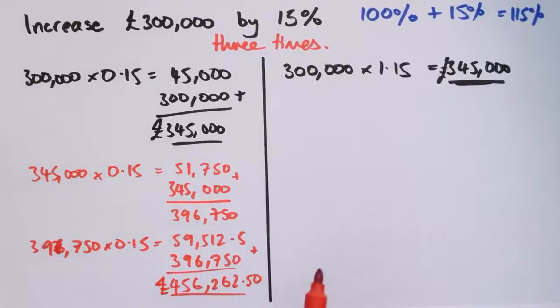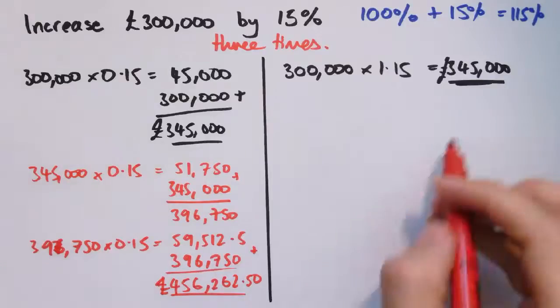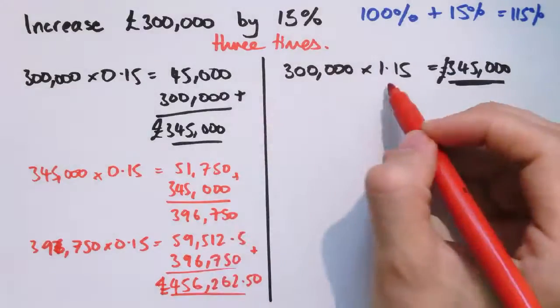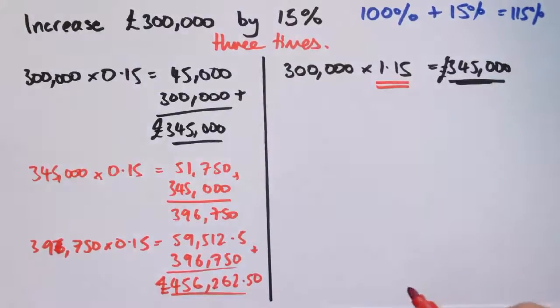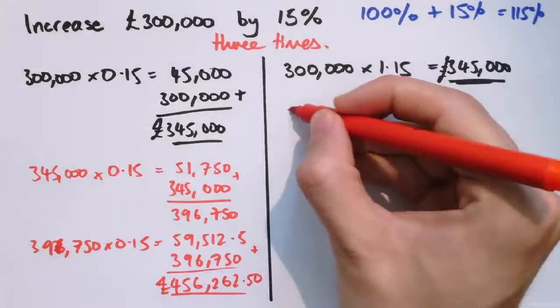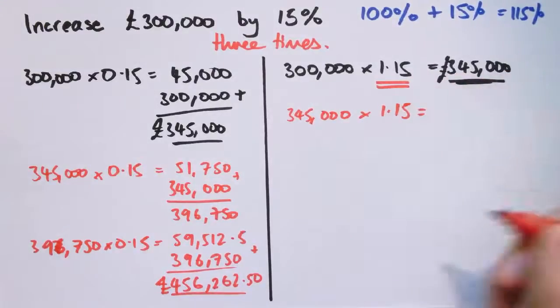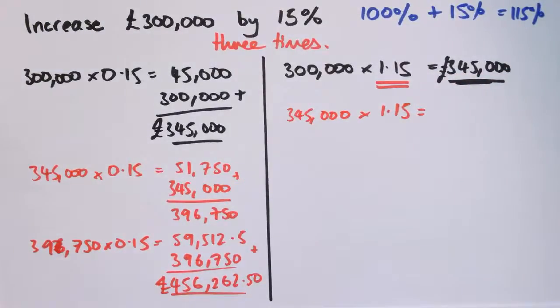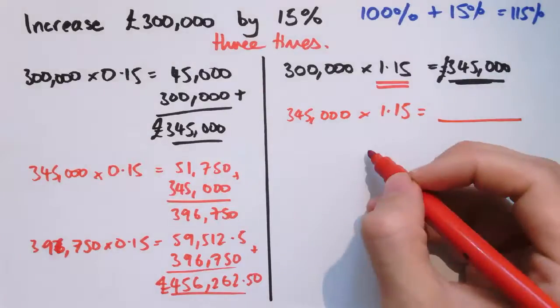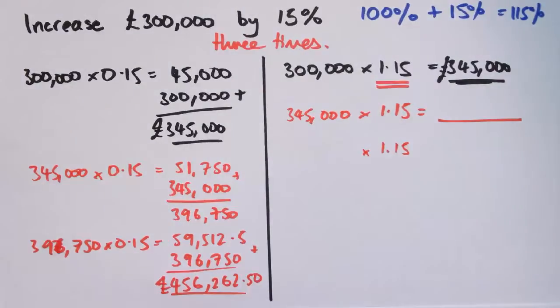Okay, so it's quite a long-winded method in a way, whereas using this direct scale factor method here, where I just say, okay, an increase of 15%, that's a scale factor of 1.15, all I've got to do is take 345,000 and times it by 1.15 again, and take whatever the answer there is and multiply it by 1.15 again.